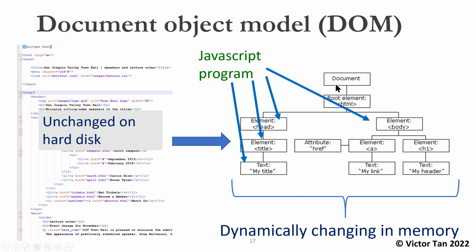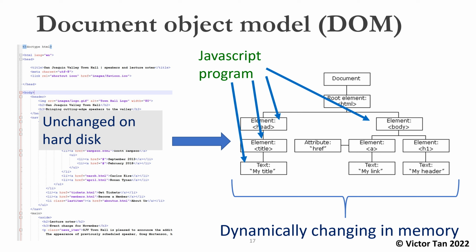So what is running inside your browser at the end of the day is still pure JavaScript, and the JavaScript is going to dynamically change the contents and the structure of this DOM, and that will result in a different view change in the browser.